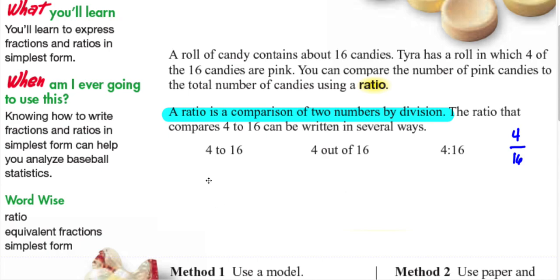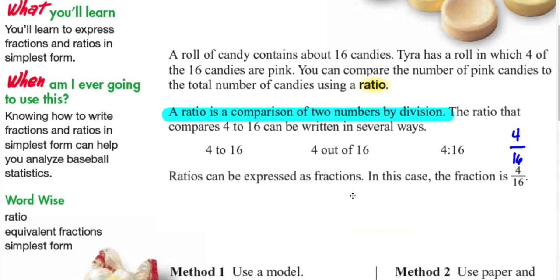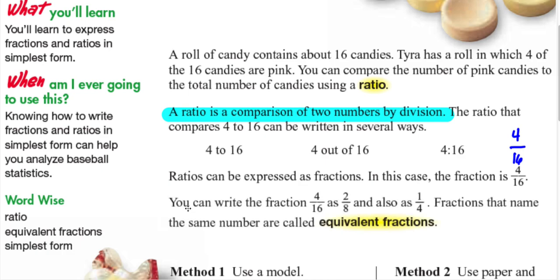Ratios can be expressed as a fraction. The fraction is 4 over 16. So another way of writing it will be as a fraction of 4 over 16. So fractions that name a ratio are called equivalent fractions. So when you talk about fractions, fractions that name the same number are called equivalent fractions.